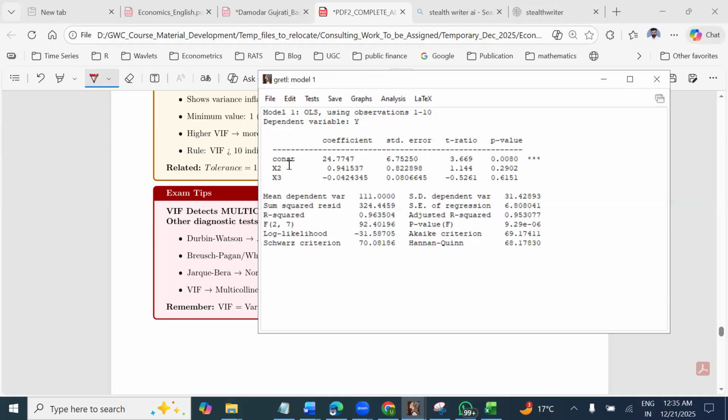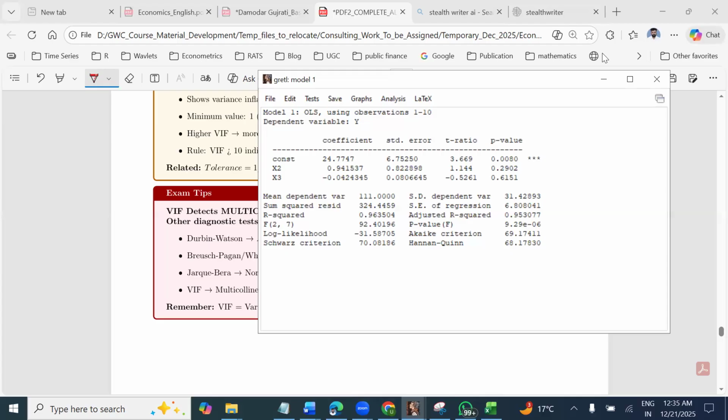This t test shows whether the constant term, that is beta 1, is equal to 0. This t test for x2 says whether my beta 2 is equal to 0. This t test for x3 says whether my beta 3 is equal to 0.